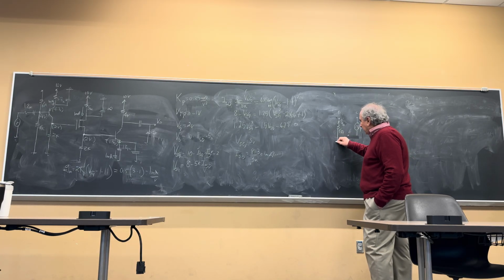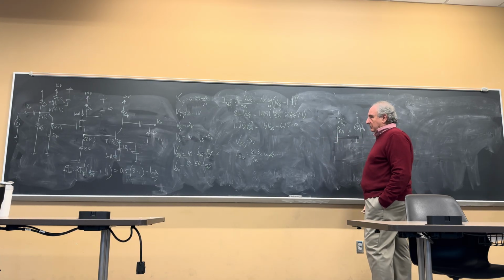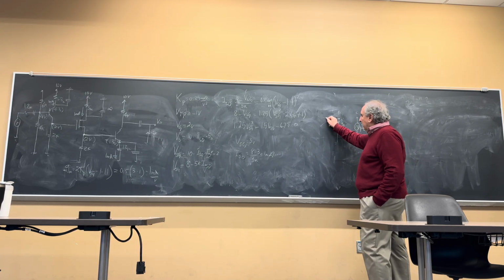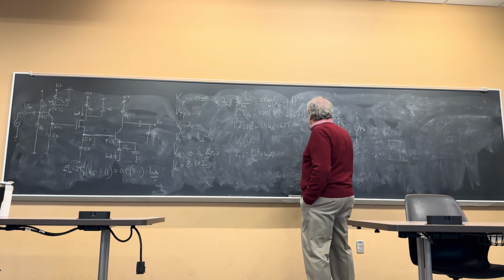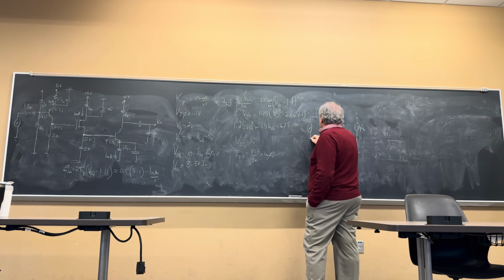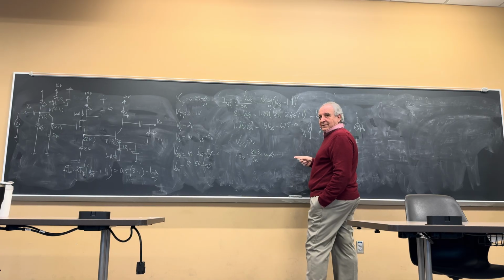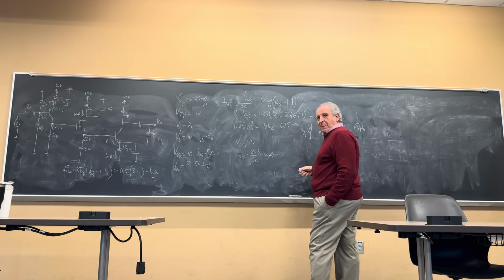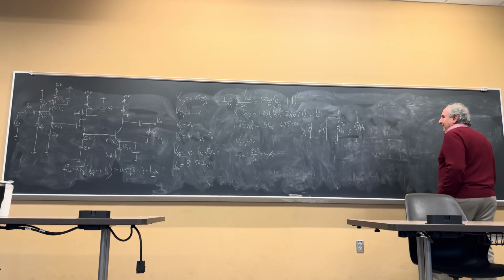It's shorted out, ground on top with that capacitor. What goes in here? 2.4K. And this is 1.2K. You see the beautiful numbers? See the voltage division here? Not 1/2, it's 1/3.